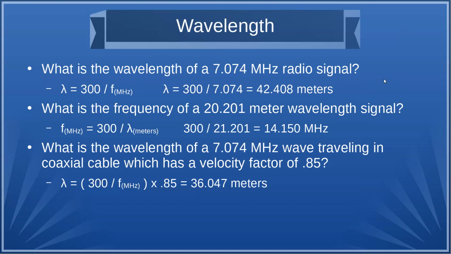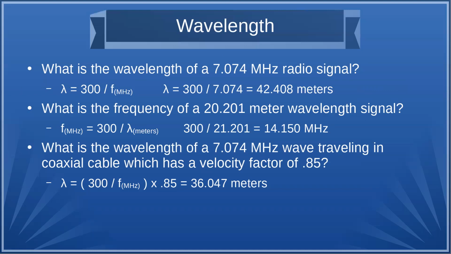So what's the frequency of a 21.2 meter wavelength signal? We use the same formula where lambda is equal to 300 divided by the frequency in megahertz. And I guess I should mention the reason it's simplified: instead of using 300 million meters per second divided by the frequency in hertz, we can cancel out 10 to the 6th.